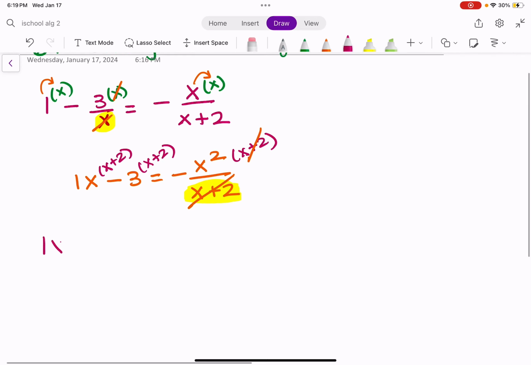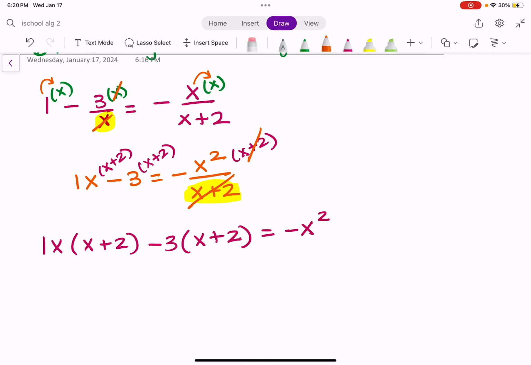So I have 1x(x plus 2) minus 3(x plus 2) equals negative x squared. I'm going to distribute. So I'm going to have 1x squared plus 2x minus 3x minus 6 equals negative x squared.